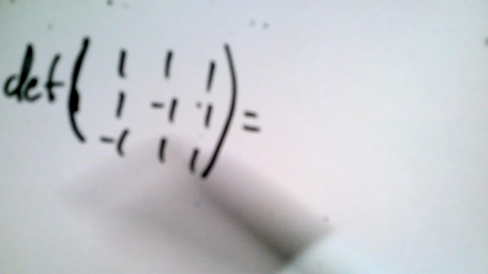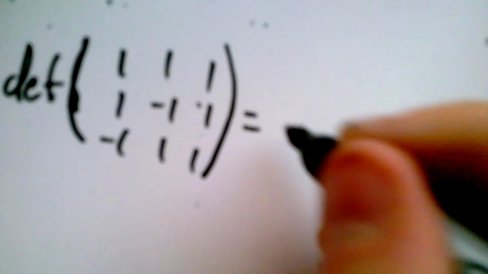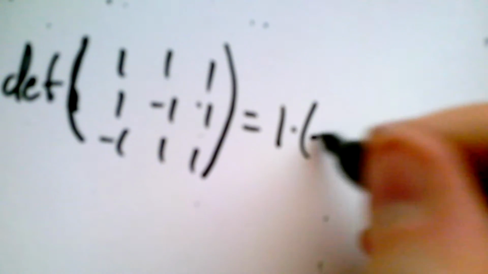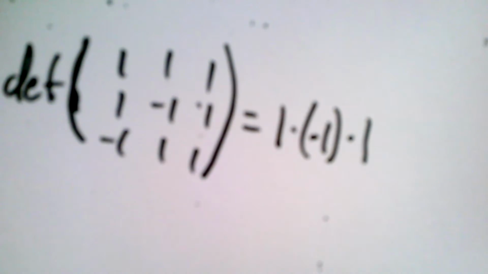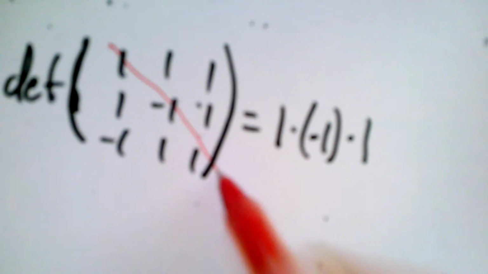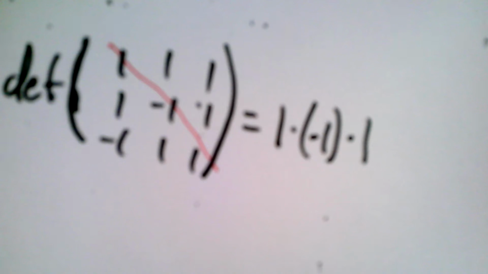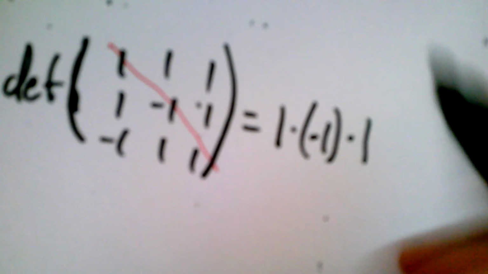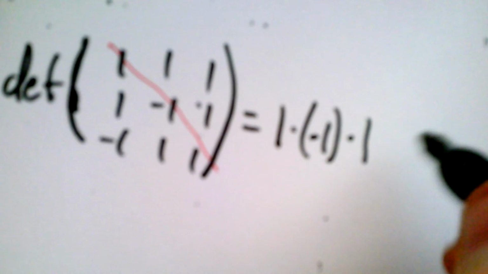So we do 1 times negative 1 times 1. That's our first positive diagonal. The ones that slope down to the right are going to be our positive diagonals. And then we have 1 times 1 times negative 1.